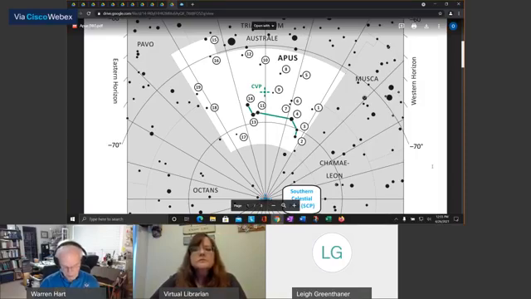And then if you look just below the cross, there's an 11 and a circle. That is Delta 1, and that is the largest star in the 9.5. It is 215 times larger than our sun. And so that's what's on there.